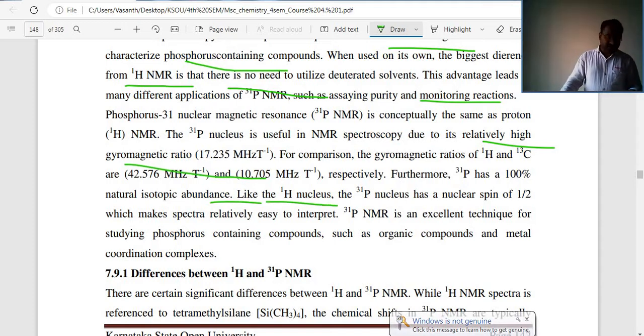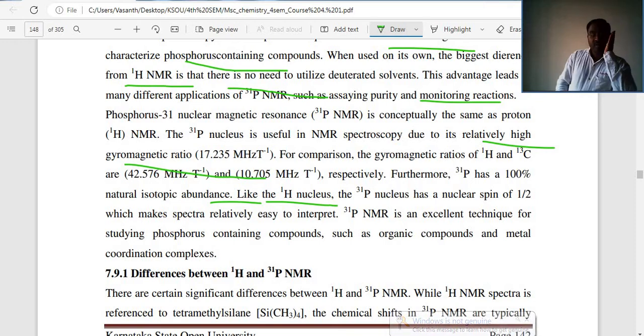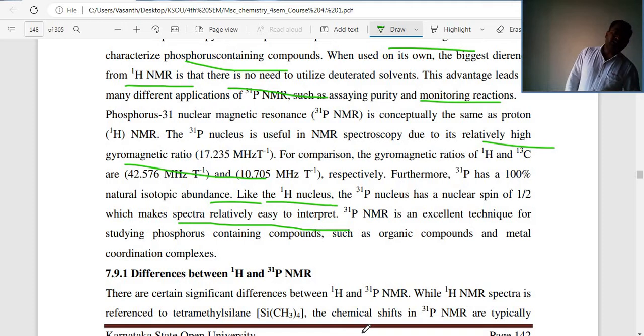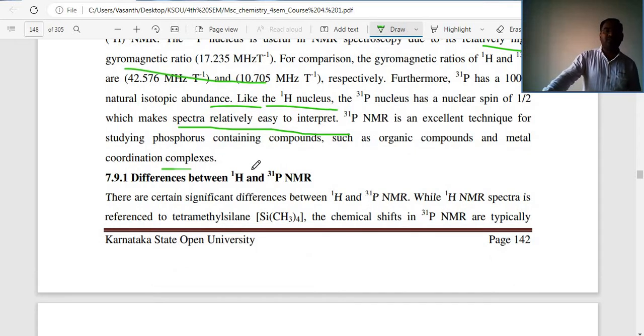Like the proton nucleus, the phosphorus nucleus has a spin of 1/2, which makes the spectra relatively easy to interpret. Phosphorus-31 NMR is an excellent technique for studying phosphorus-containing compounds such as organic compounds and metal coordination complexes.